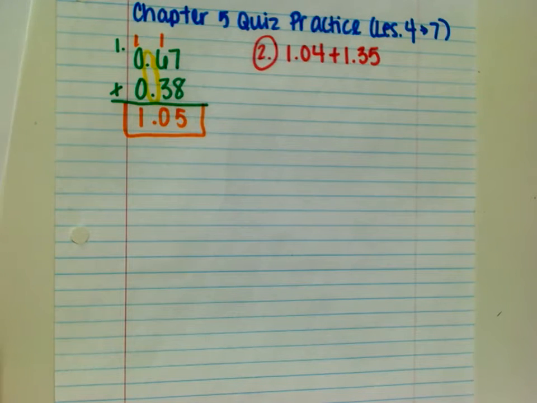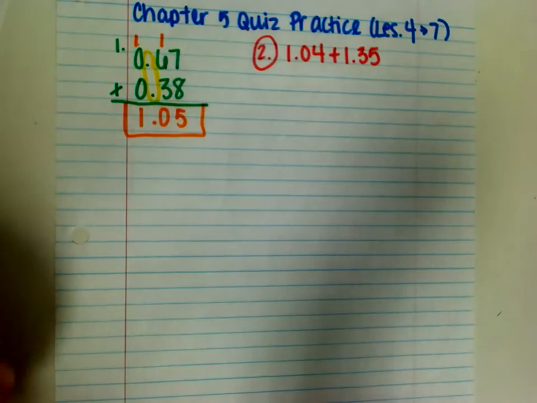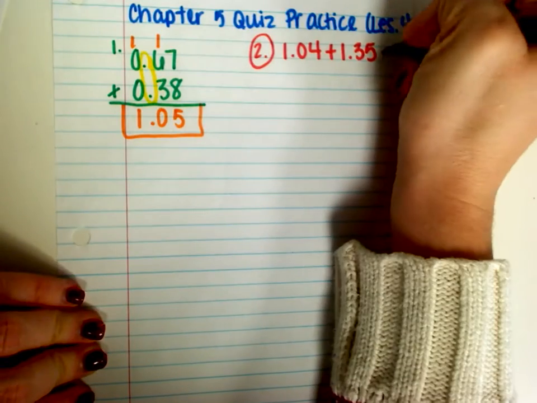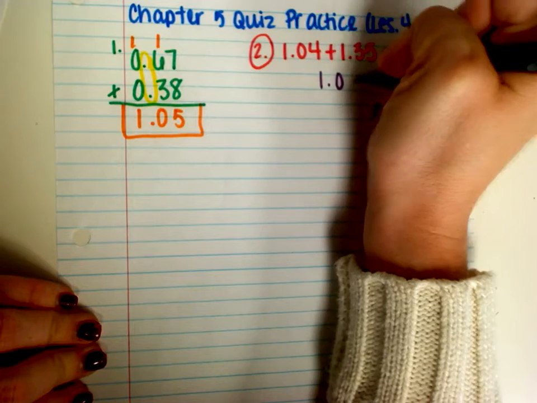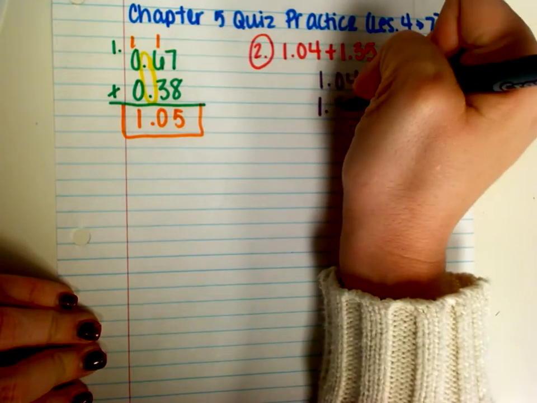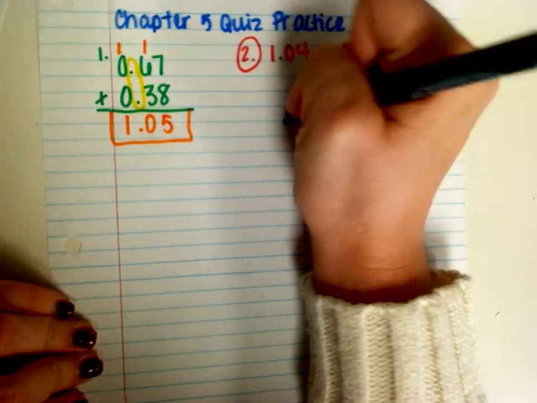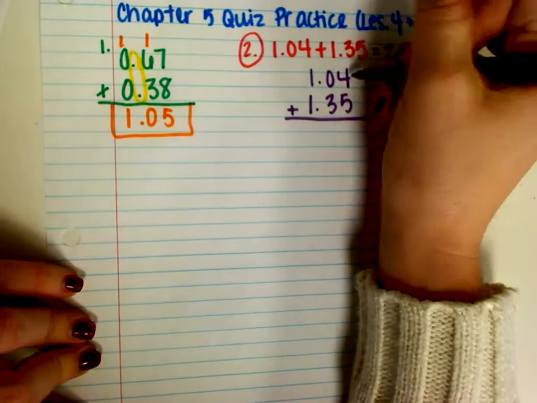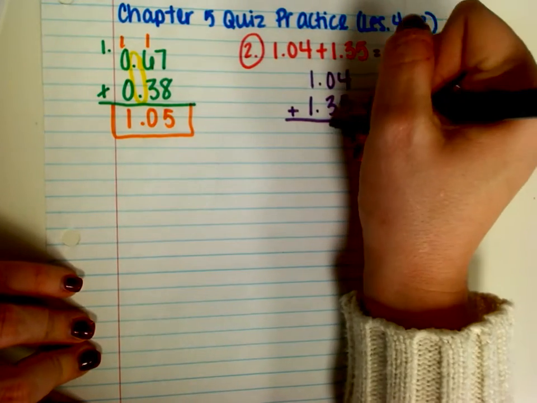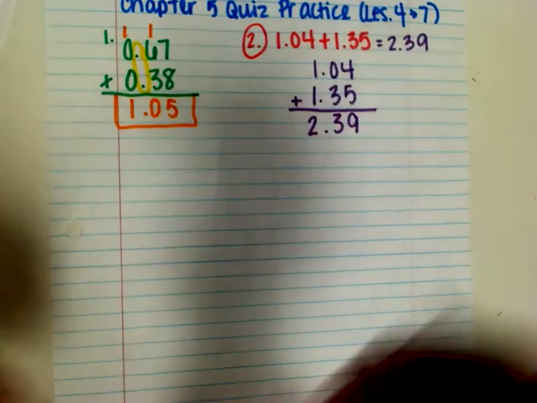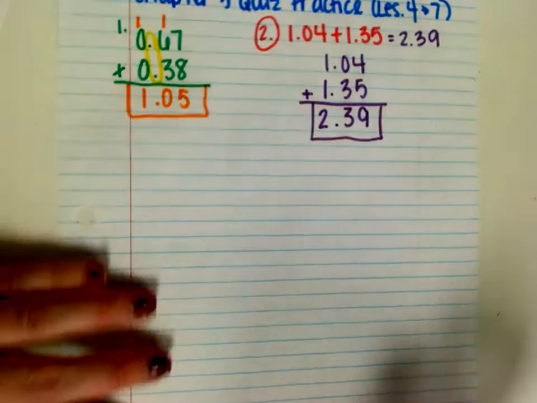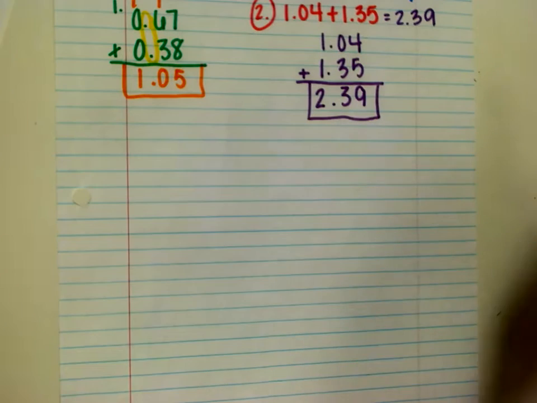And let me know what you get when you have an answer. Eddie, what do you have? 2.39 is correct. Okay, we made sure that we lined up our decimal points. And when we added, 4 plus 5 is 9, 0 plus 3 is 3, 1 plus 1 is 2. Decimal points stay in line the whole time. Good job. All right, next one.